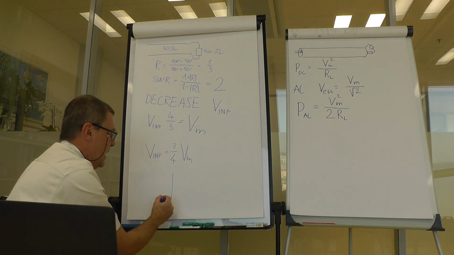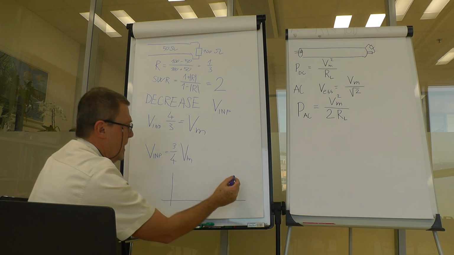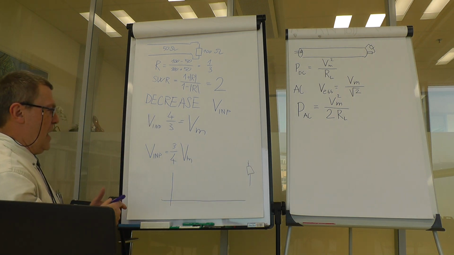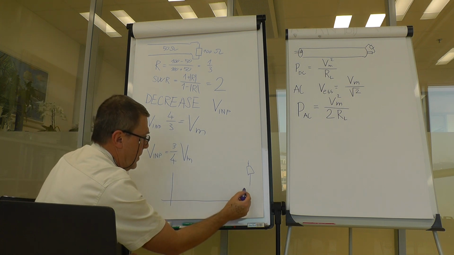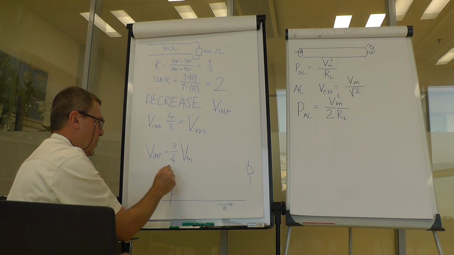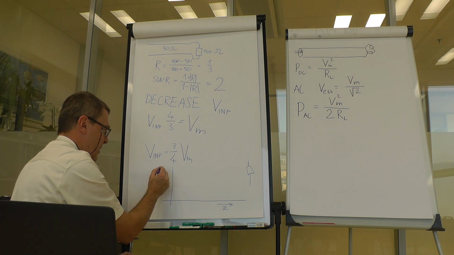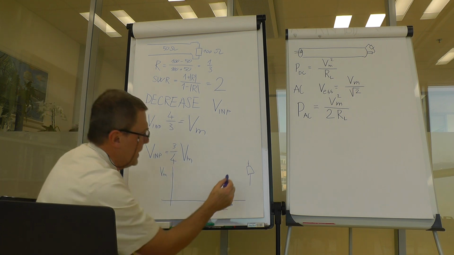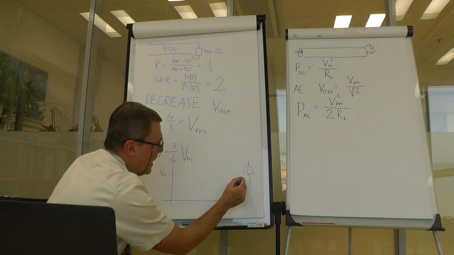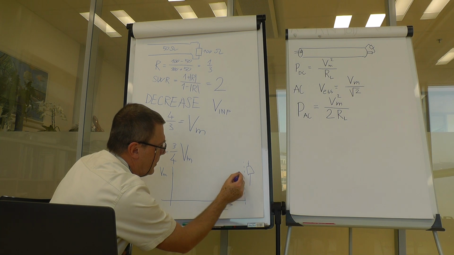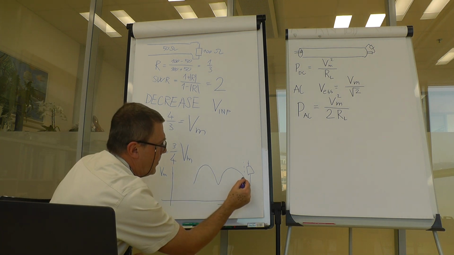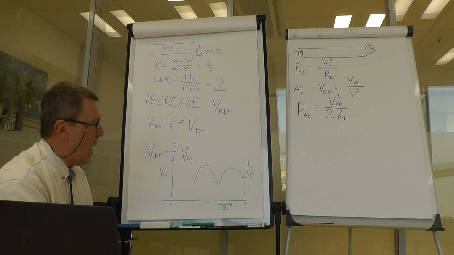We have the line, and we have the load, and if we draw the voltage magnitude against the z coordinate, and this is the place where the load is, then we would have something like this, where this is the value at the load.